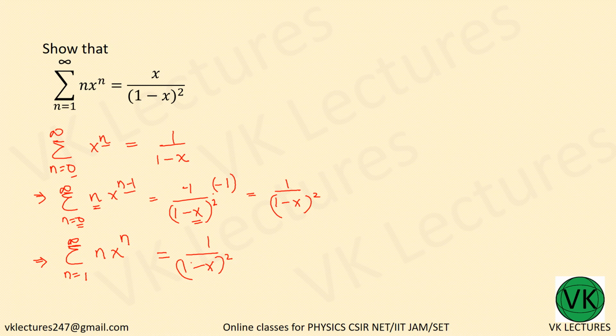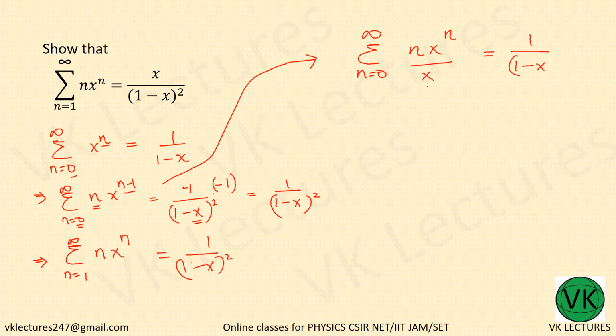Wait, let's see, I think here we have to make, so sum over n equal to 0 to infinity n x to the power n divided by x, n x to the power n divided by x, equal to 1 divided by 1 minus x square. I think this equation is fine, correct?